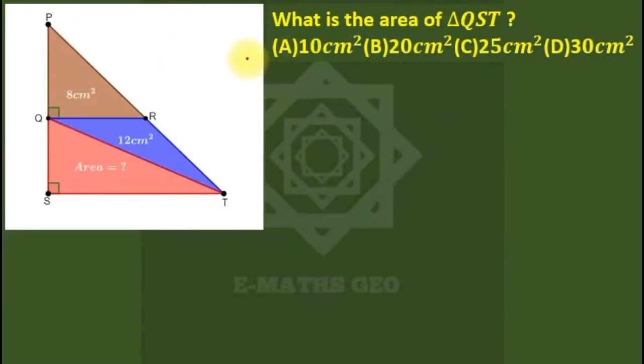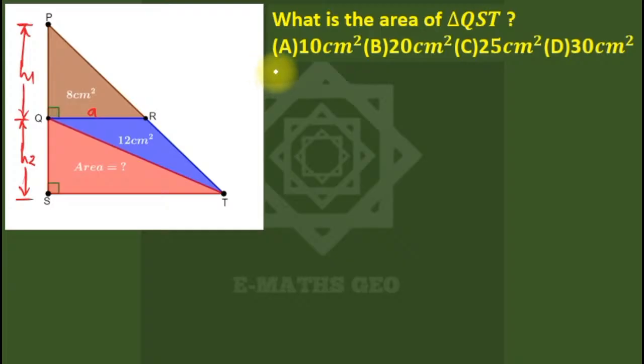Okay, what is the area of triangle QST? This one. So let's start by locating the height here; let's call it H1. Let's call this one H2. And let's call the common side here A. So we want to get the area of QST.